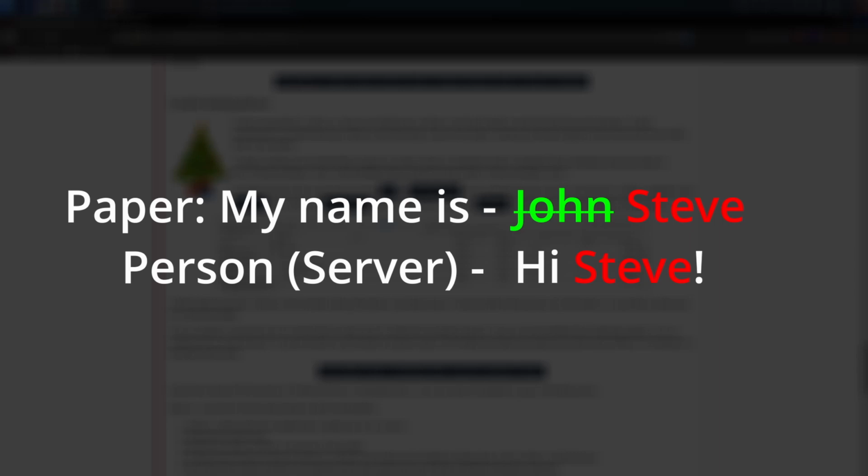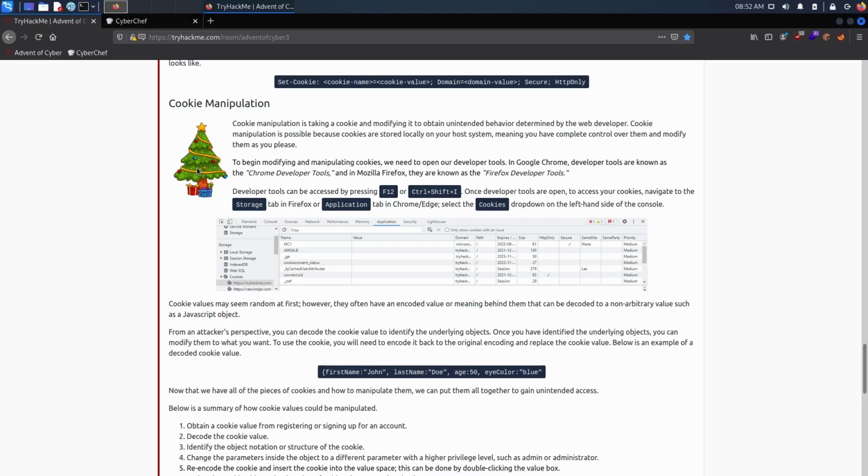So you could be passed as Steve and you could have Steve's privileges. Now, of course, there are ways to protect against that, but let's say in the most basic example, there are no protections and there are no methods to truly identify you other than the name written on your paper. Well, that's a bit how cookie manipulations work.